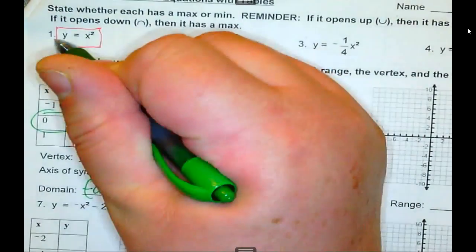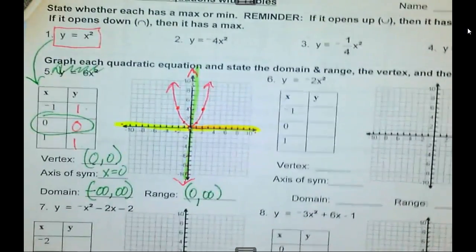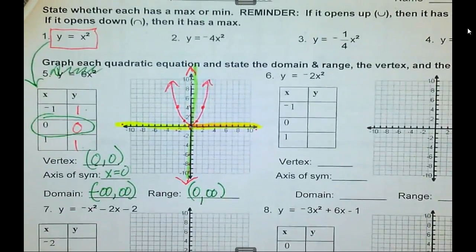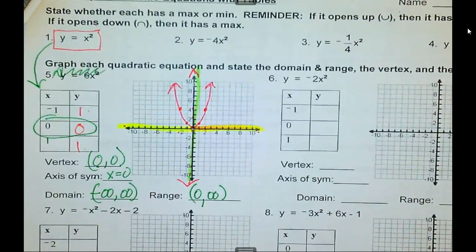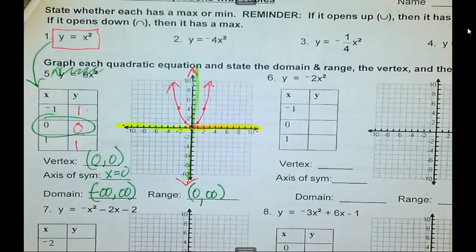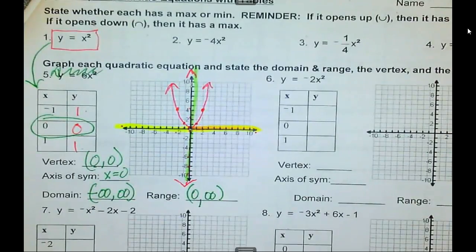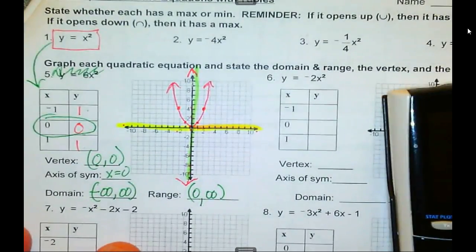Okay, now that was for the parent function, y equals x squared. Let's look at some different quadratics now. Let's look at number 6. What am I going to do?